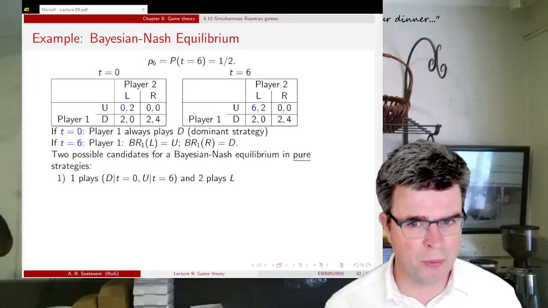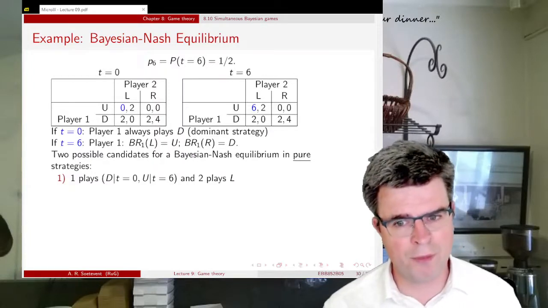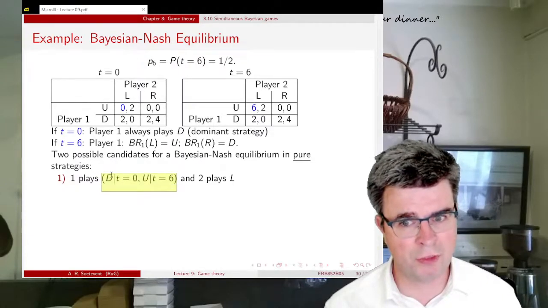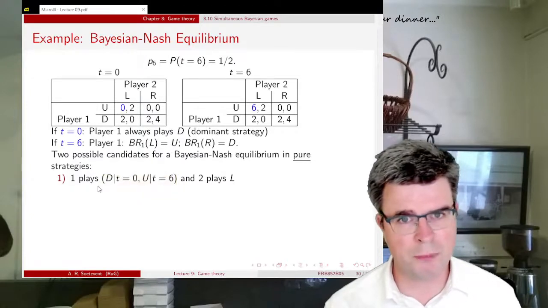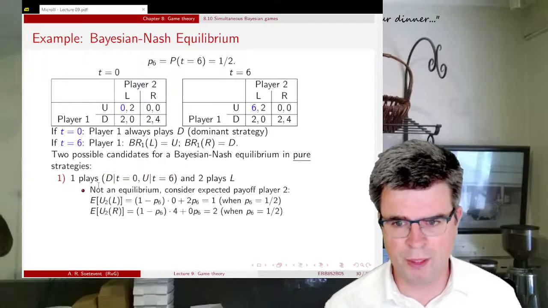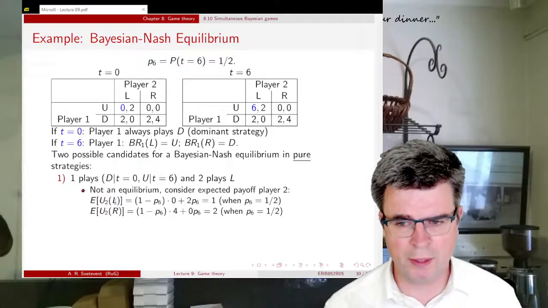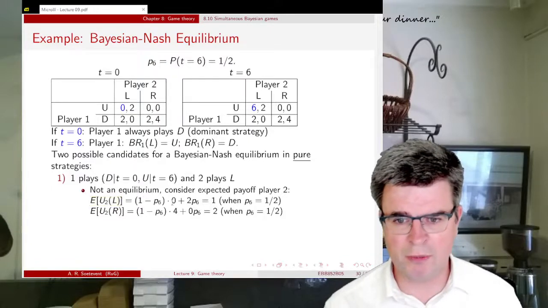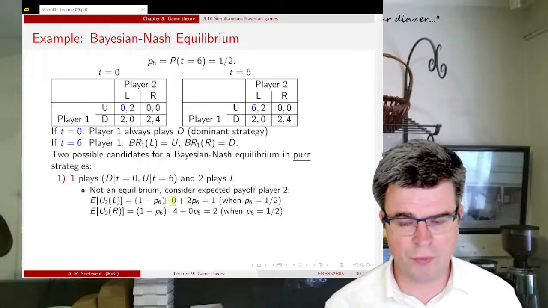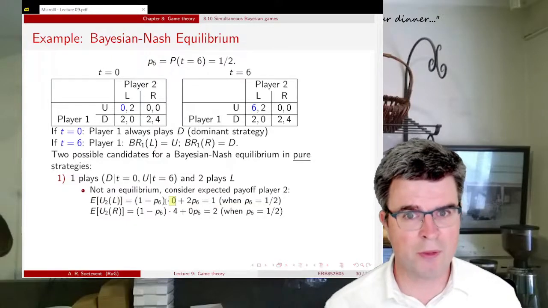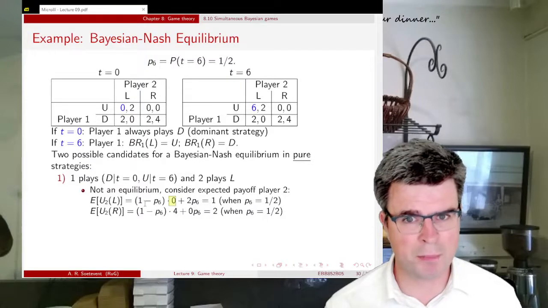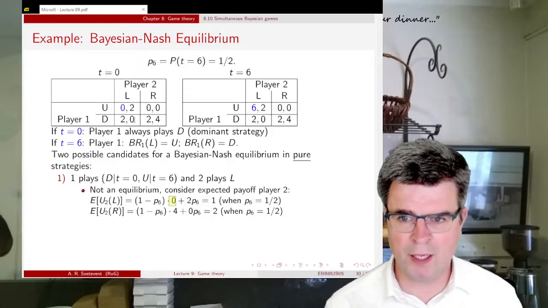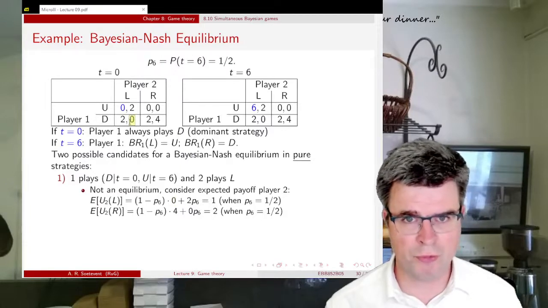However, what about player 2? Is it really optimal to play L given that player 1 plays this strategy? Well, we need to look at the expected payoff of player 2. If player 2 plays left, then his expected payoff, given what player 1 does, is he receives a payoff of 0 if player 1 turns out to be of type 0, which happens with probability 1 minus P6, because in that case, player 1 will play down and player 2 will be left with a payoff of 0.